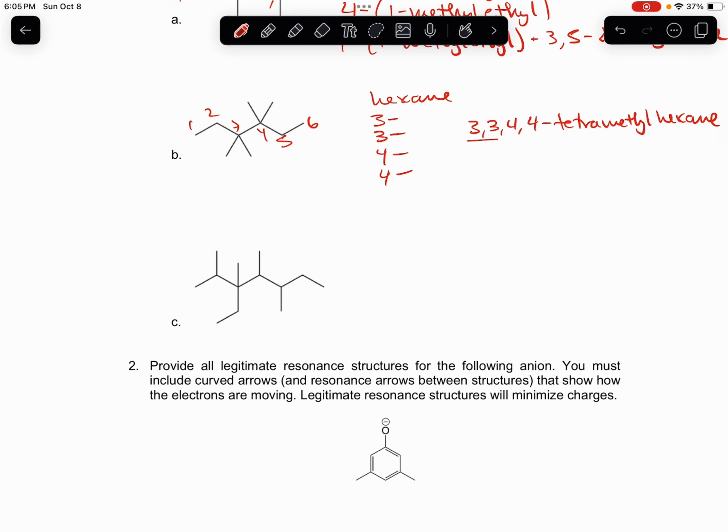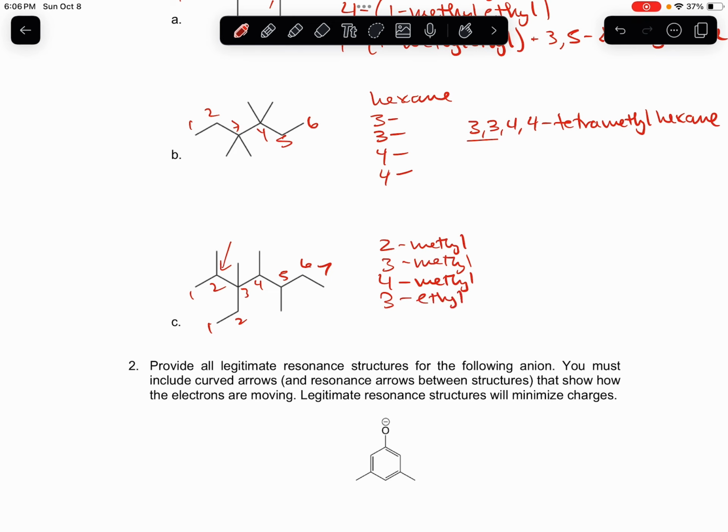So make sure you do that. This one is a little bit tricky, so we could do 1, 2, 3, 4, 5, 6, 7. 1, 2, 3, 4, 5, 6, 7. So notice we have a branch here at carbon 2. That's the one that we want to do. So that means we have a 2-methyl, 3-methyl, 4-methyl, and that's a 3-ethyl.